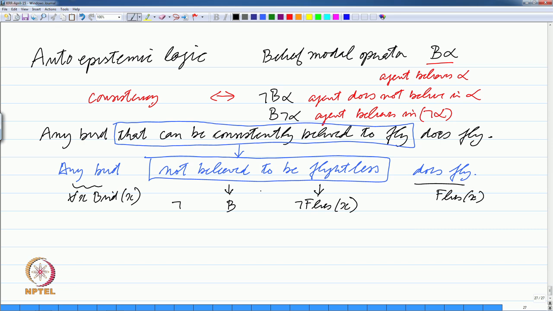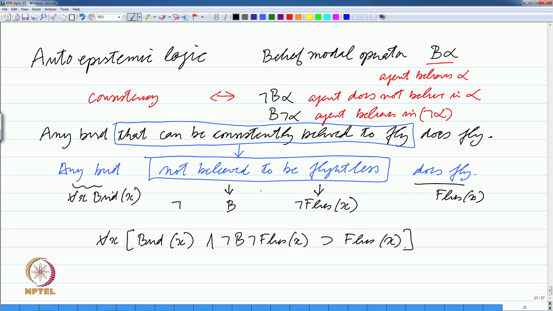essentially. So, in autoepistemic logic I will write the following statement: for all x, bird x and not believe not flies x.